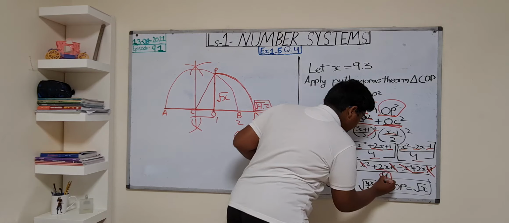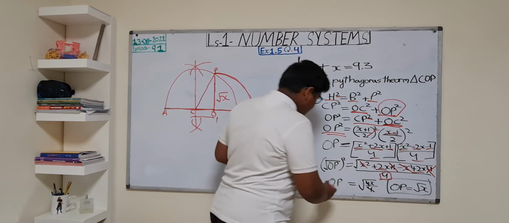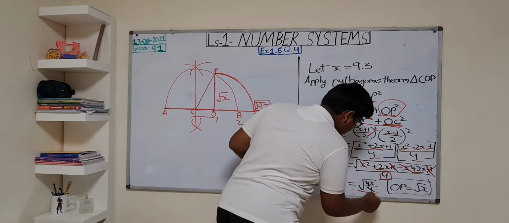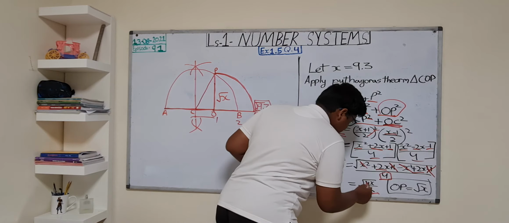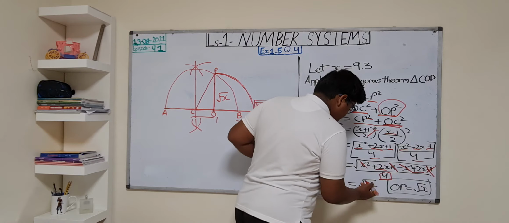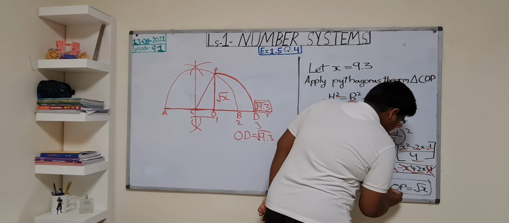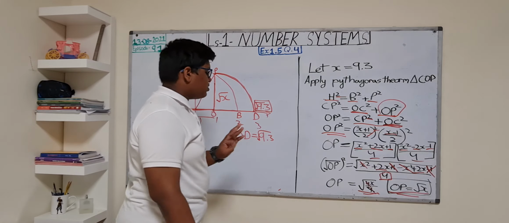Because 4 is as it is, the denominator. Now OP is equal to 4x by 4, right? So I cancel both 4's, and now we are getting only root x. Therefore OP is equal to root x.